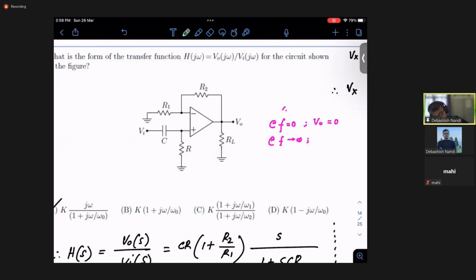In that case, this is kind of short. So you are applying your Vi here directly, and it is nothing but a non-inverting amplifier, right? So your V out will be 1 plus R2 over R1 into Vi, right? So the nature of this is a high pass. So it is a HPF, right?